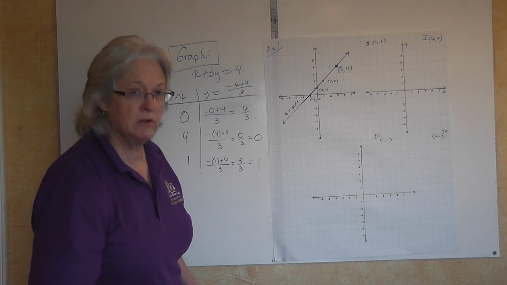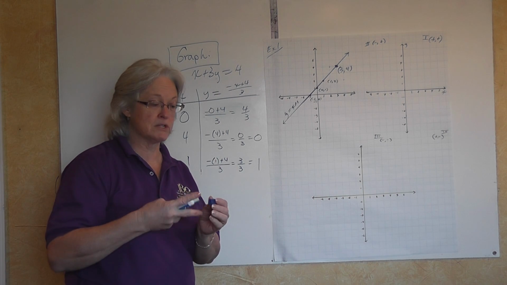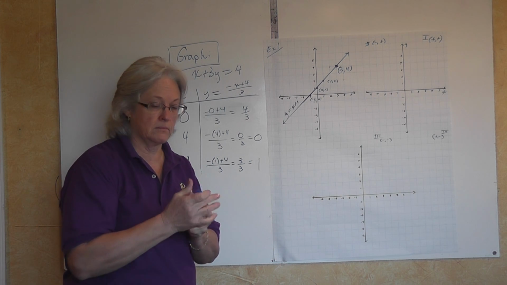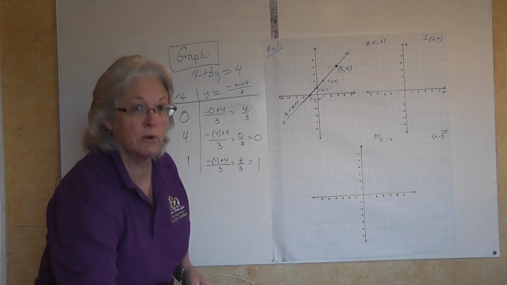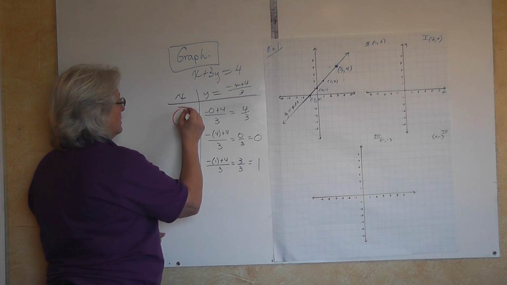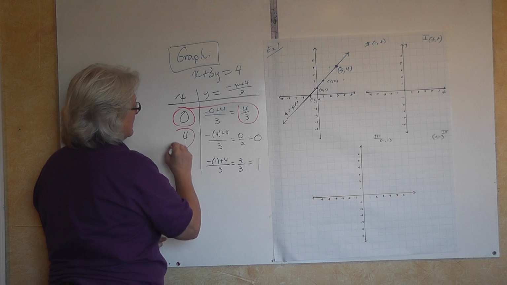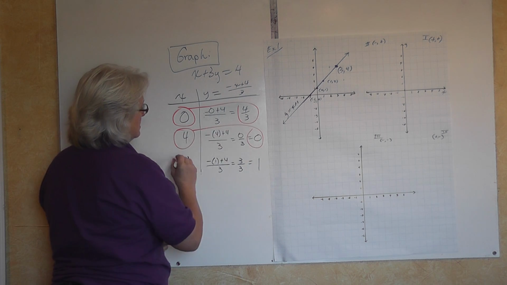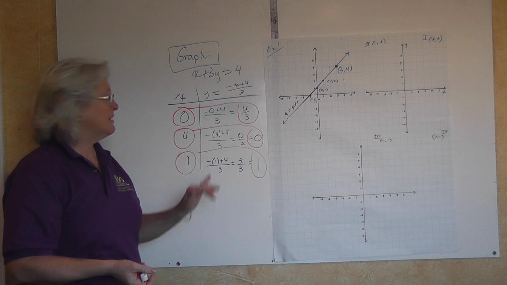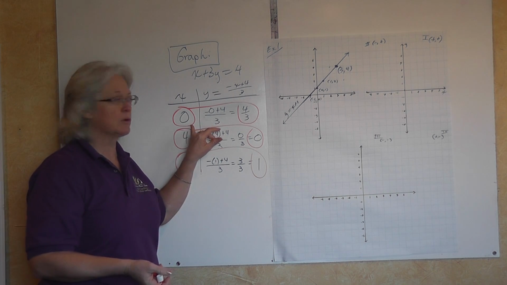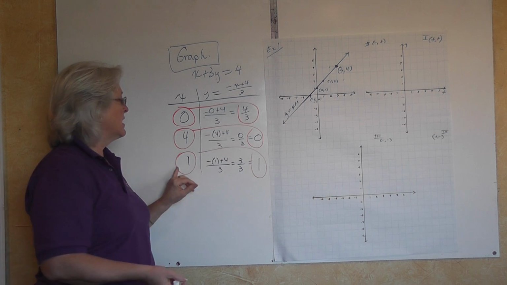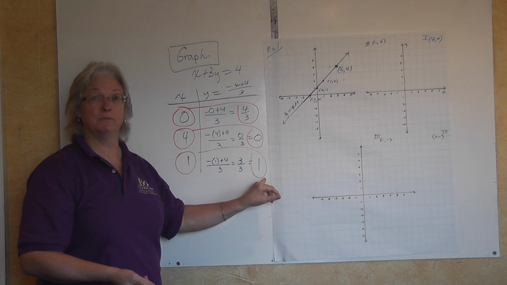And I told you that only this last time was I going to make a set that showed the ordered pairs. I'll just go ahead and do this right now for this example to show that we do have 3 ordered pairs. The first ordered pair is 0, 4/3, second is 4, 0, and the third is 1, 1.